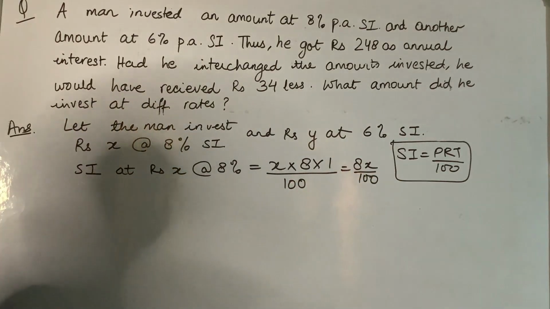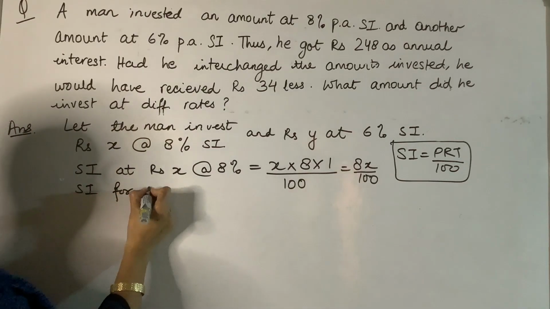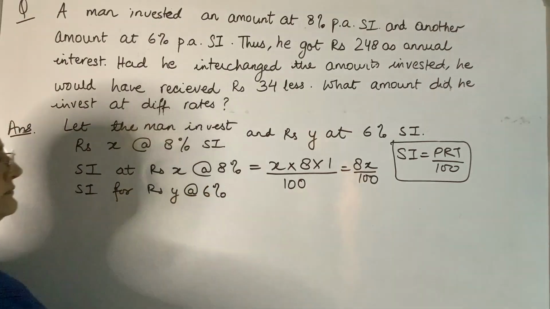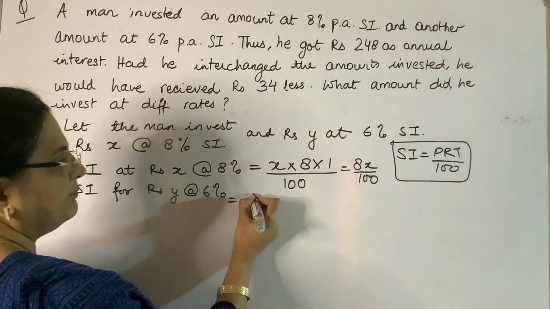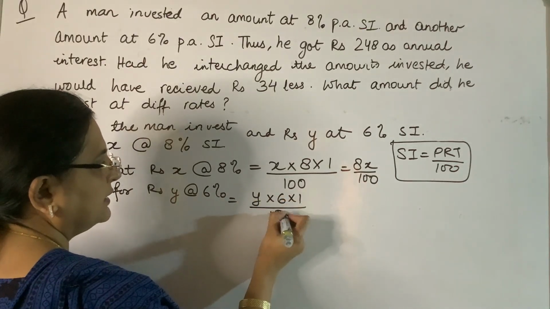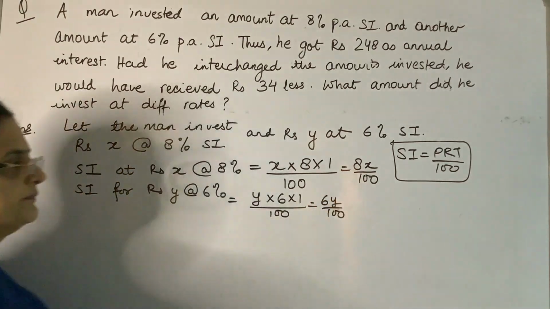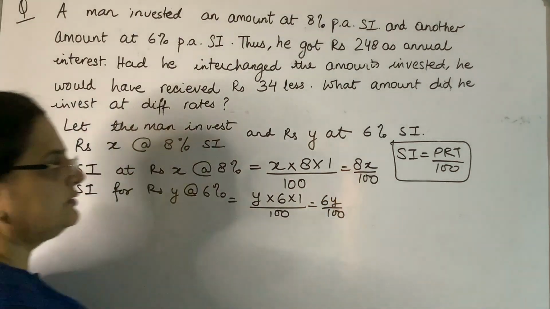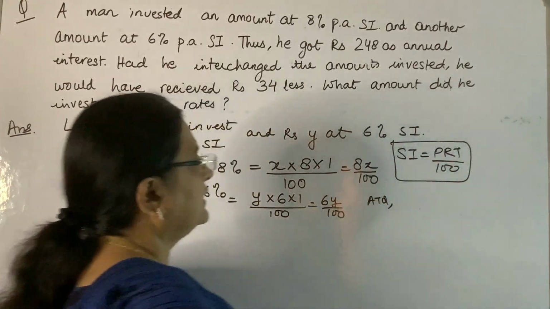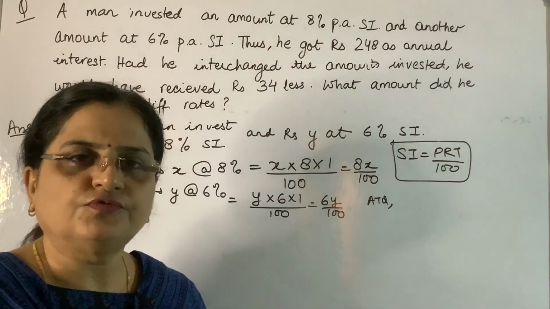Agreed? Now SI for rupees Y at 6%. How much will it be? PRT upon 100. So this is 6y upon 100. But according to the question, this interest plus this interest is equal to how much? 248.